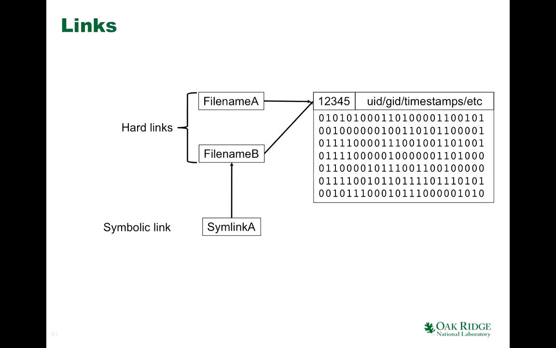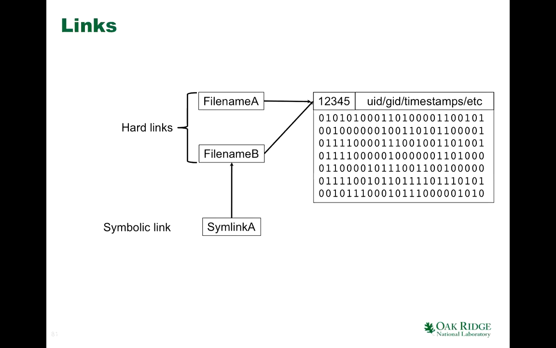And then it has all of the data, just represented there by the zeros and ones. The bottom left, symlink A, represents a symbolic link to file name B. So symlink A points to file name B. File name B is what actually points to the file on disk.